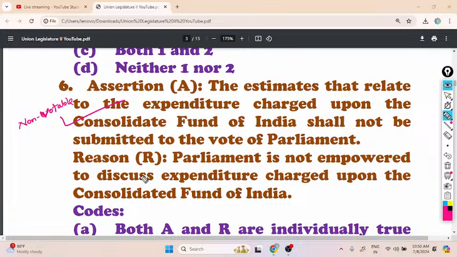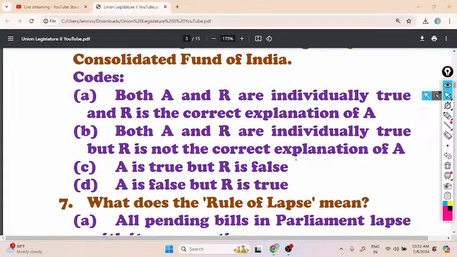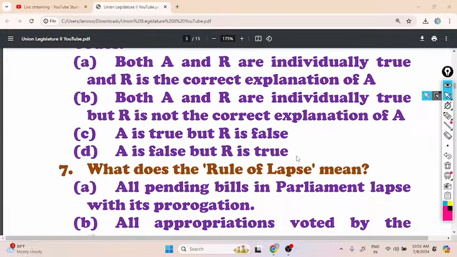I told you that Parliament can discuss it. It can discuss expenditures, but it cannot vote. So A is true, but R is false. That means option C will be the appropriate answer. Got it?